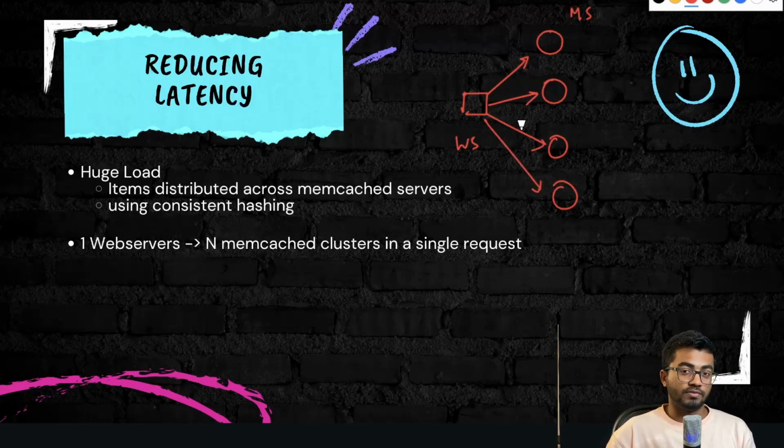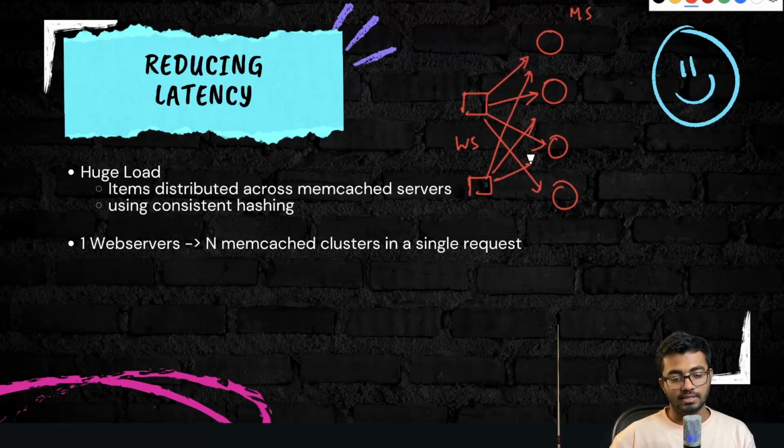Let's assume that to serve a single request, the web server has to reach out to all of these Memcached servers that are present, right? What will happen? This is basically a one-to-n request in a single request. And if you take a little more time, this will go on for other web servers as well.